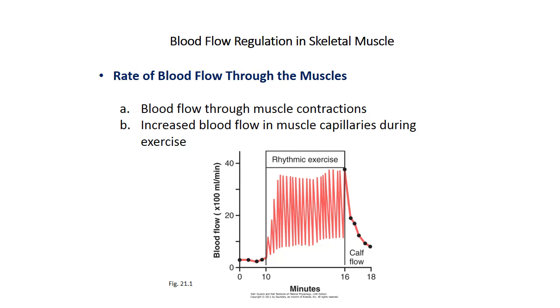So the oxygen level drops, and this hypoxia, or reduced oxygen level, is one important factor for increasing blood flow. So reduction of oxygen during increased metabolism is an important chemical effector for increasing blood flow.